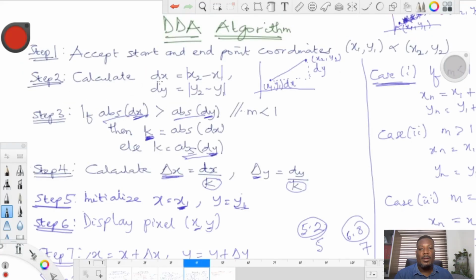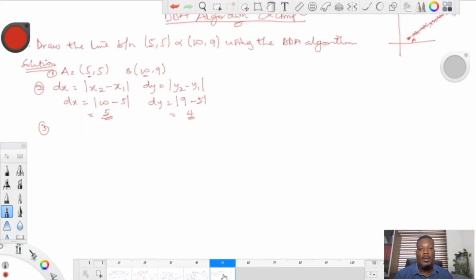Now the next step, which is step 3, says that when we have calculated dx and dy, we should find out if the magnitude, or the absolute value, of dx is greater than dy. If it is, then we represent k by dx. If not, then we represent k by dy. So let's find out from step 3.